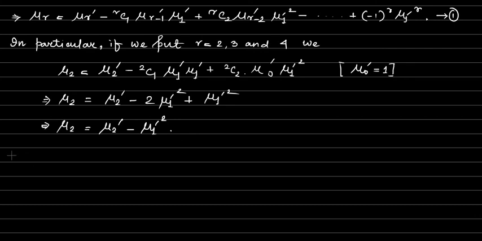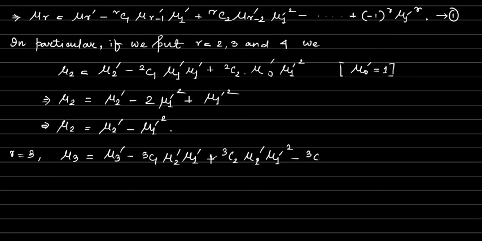Similarly, if you put r equals to 3, then mu 3 is equal to mu 3 dash minus 3c1 mu 2 dash mu 1 dash plus 3c2 mu 1 dash mu 1 dash square minus 3c3 mu 0 dash mu 1 dash cube.